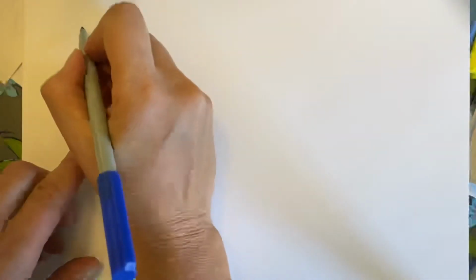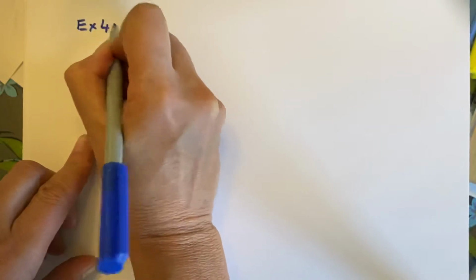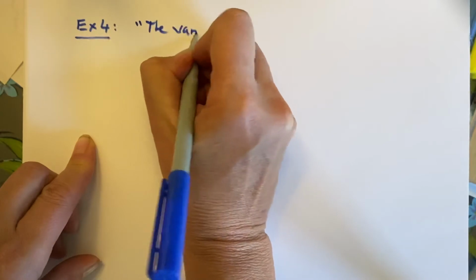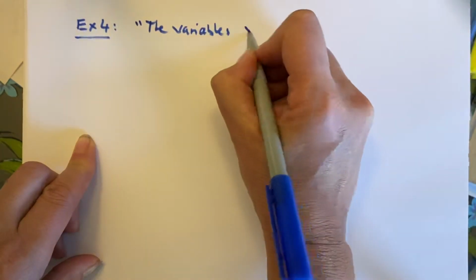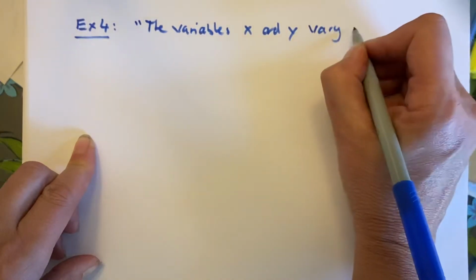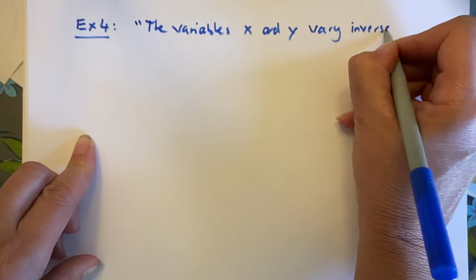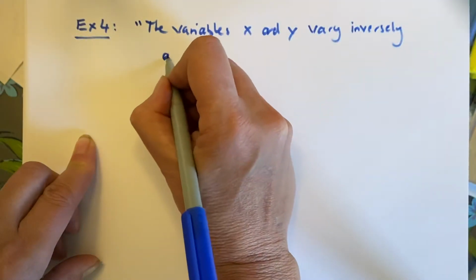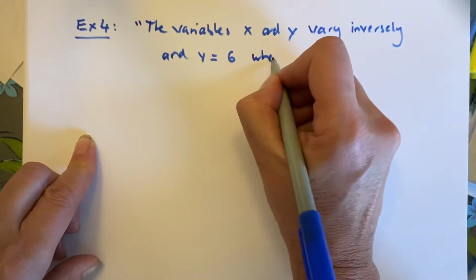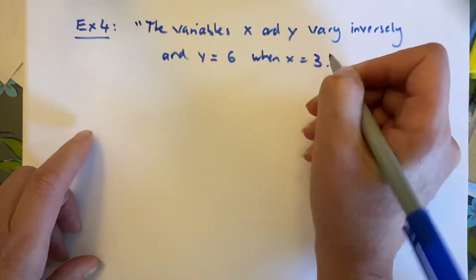The very last part of 12.1 is learning how to write some of these inverse variation equations. Example 4 words it as the variables x and y vary inversely, and y equals 6 when x equals 3.